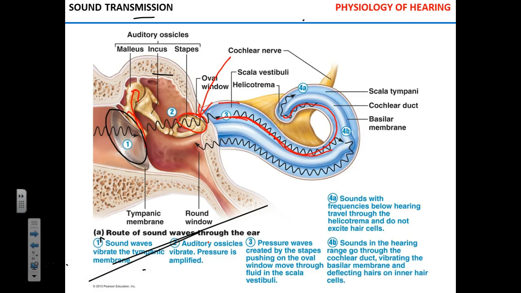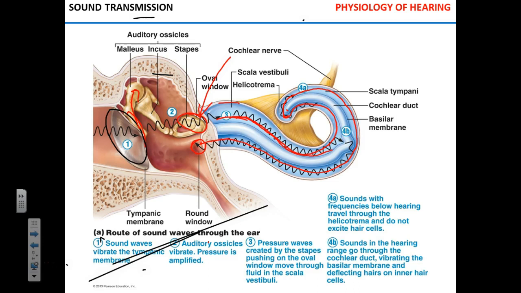So the sound will kind of circle around at helicotrema and go back through the scala tympani to the round window. Does it make sense? In case the sound is out of hearing range, it doesn't cross scala media. Can you see that?